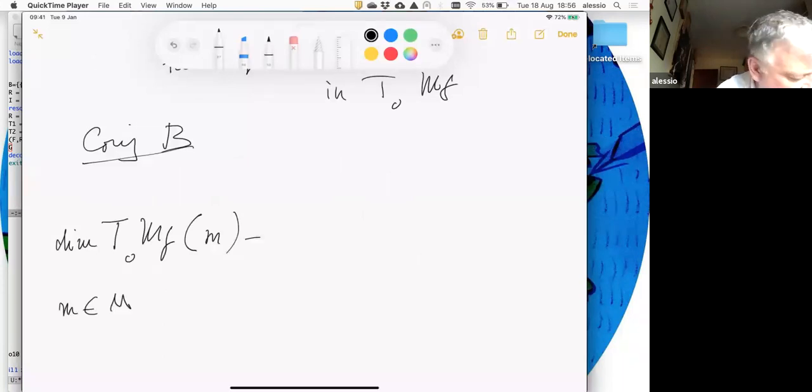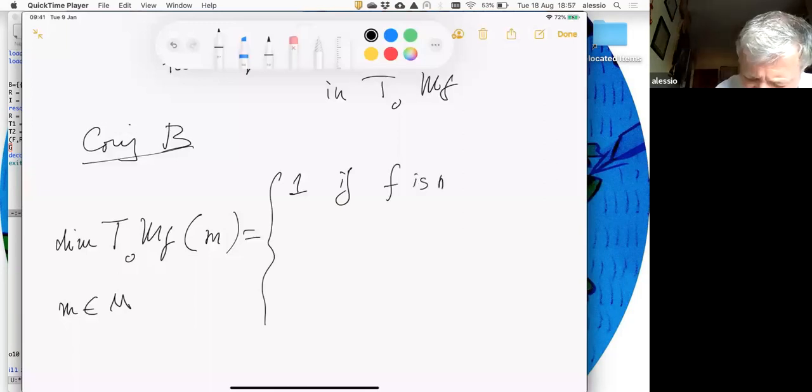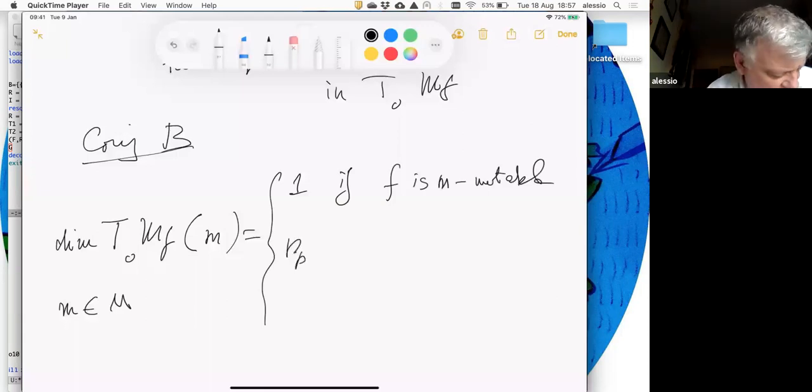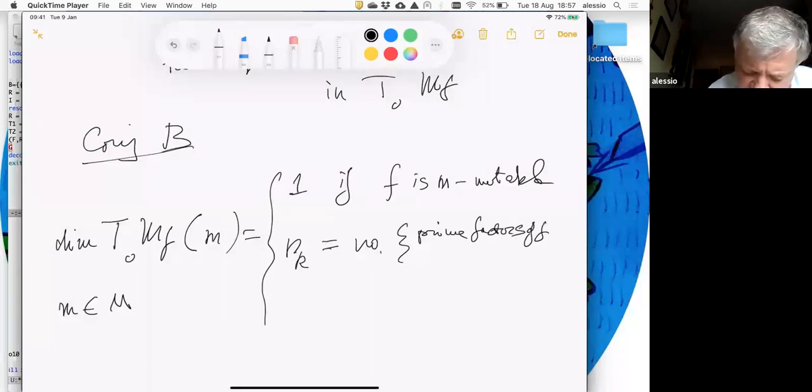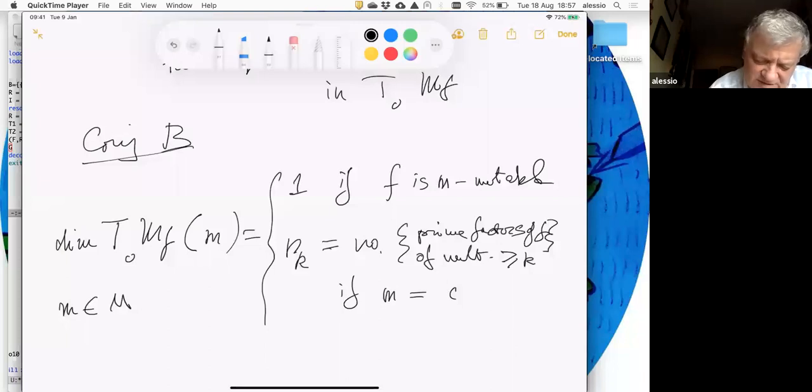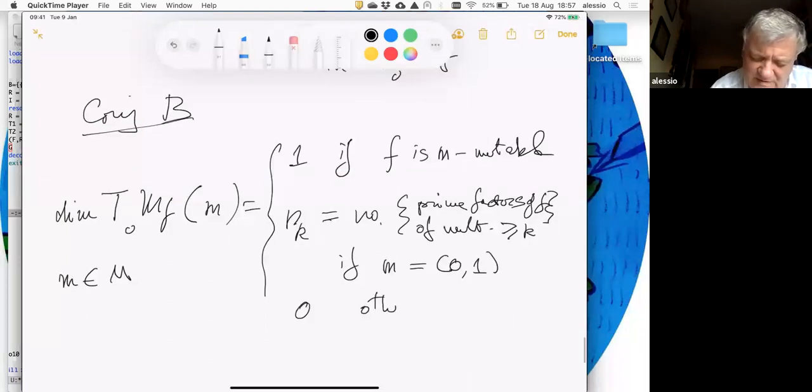And this dimension here is 1 if indeed F is M-mutable. Otherwise it is n_k, which is the number of prime factors of F of multiplicity k, in fact multiplicity larger than or equal to k, if M is the vector (0,1), and 0 otherwise. Okay, so that's Conjecture B.